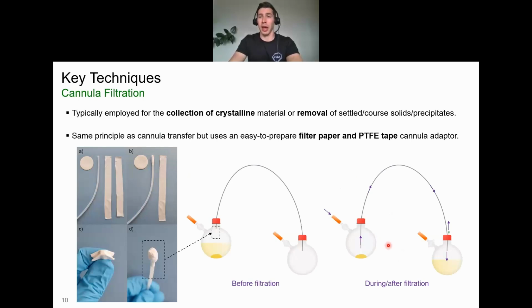You may have greater resistance, so you might need higher inert gas pressures. To prevent blocking of the cannula, it's recommended that you lower it slowly down into the liquid level before pushing it straight down into the bed of your solid. It's always worth having some of these pre-prepared in ovens prior to use, because if you need a backup, then one is always ready and dry when you need it.